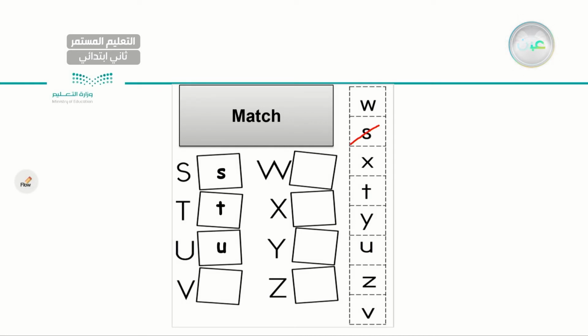Very good. Next, V. Small v. Very good. Next, W. Excellent, capital and small. Next, I have X. Excellent. Then I have small y. And I have a small z. Very good, my dear student. Excellent.